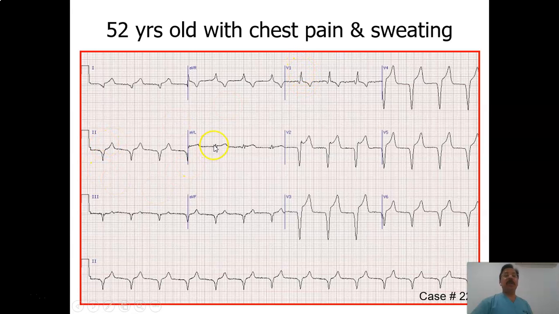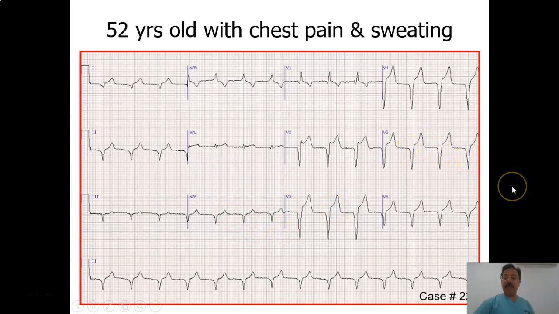ST segment elevations, yes, it's seen in I, aVL, V2, V3, V4, V5 and V6. Then anything else interesting? This patient has chest pain and sweating, so this is a symptomatic patient.